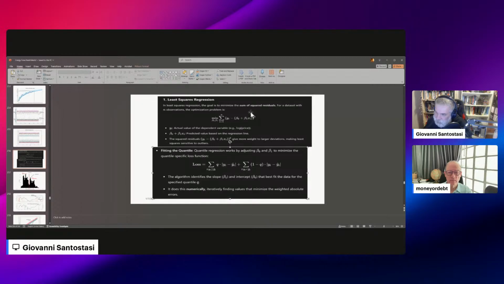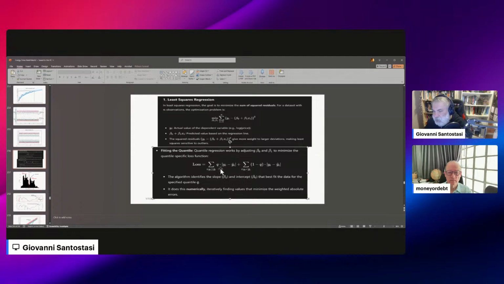So again, we have a model that looks like a straight line, and the goal is to find beta 0 and beta 1. In this case, we don't measure the square of errors, but we measure the absolute value. It's a slight difference, not big. And the main concept, you see this Q here: we are giving different weights to the data.